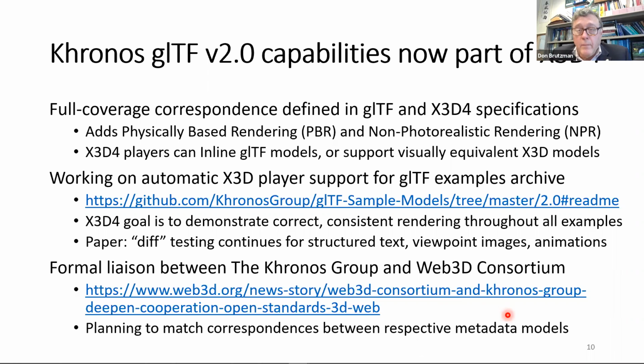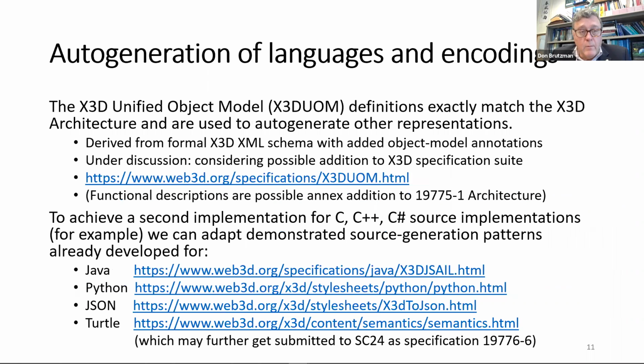Okay, next big thing. We're able to auto-generate large parts of that subway map you saw. We're able to auto-generate programming language bindings. And we did this by creating a machine-readable version of what the architecture document says. The architecture document is all HTML. It's an ISO standard. So we captured that in a way that can be used to produce code that exactly matches it.